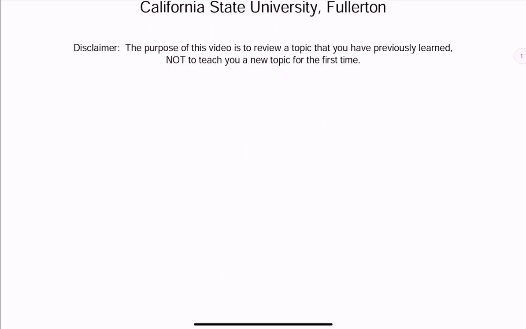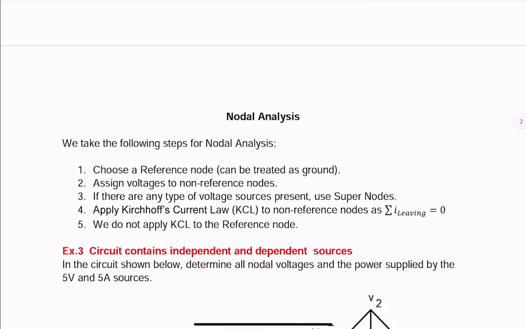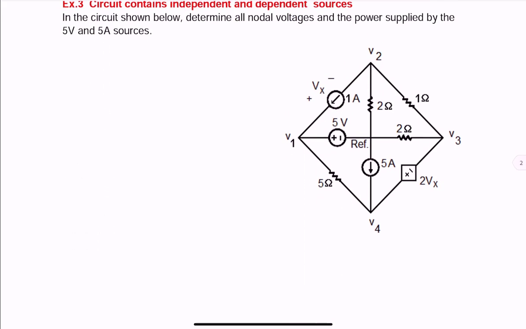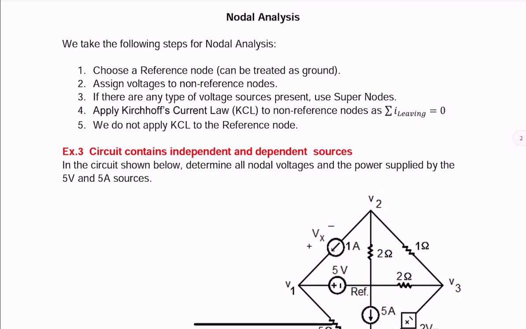For this example, we have a circuit which has different types of sources. To do just a quick review, we choose a reference node which can be assumed to be ground. It doesn't have to be, but we treat it as if it has 0 volts. Assign voltages to non-reference nodes.